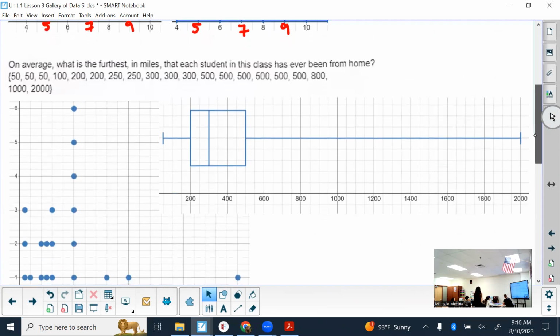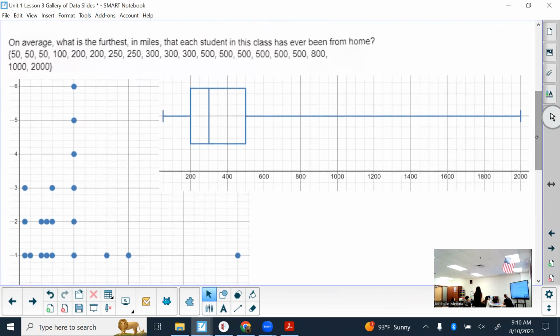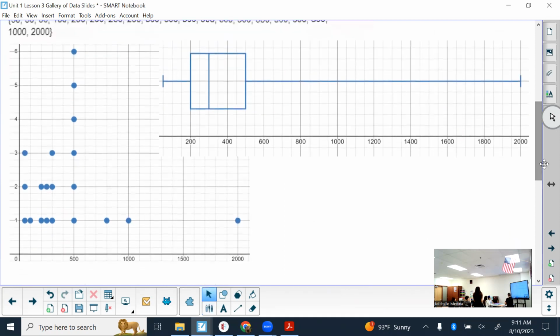When it's stuff like this, where the numbers are more spread out, the numbers are bigger, you have to make sure your axes at least includes from your minimum to your maximum, maybe some numbers outside of that as well. You don't necessarily have to start at 0 all the time, but you need to count evenly. So down here for this box plot, each tick mark counts by what?